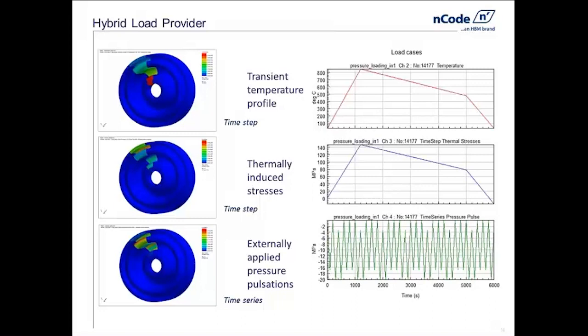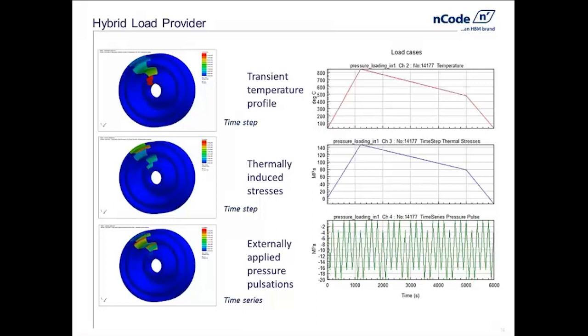We may have a thermal cycle of 20 minutes, but a mechanical cycle that's at 50 hertz. It's virtually impossible to run an FE transient analysis 20 minutes long and capture a 50 hertz signal. So we're looking for a way to synthesize that inside DesignLife.